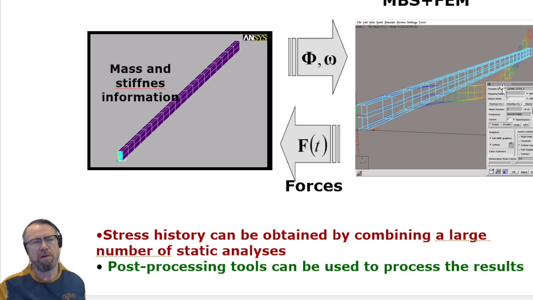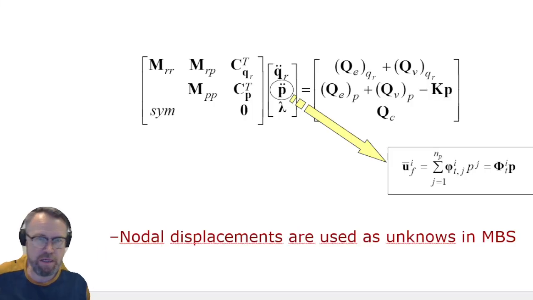You run your analysis, and once you're done, you take all the forces and put them back in a finite element model, and then you recompute the deformation. And because you can use all these nice post-processing tools in finite element software, you can get the strains and stresses. That's it. Okay, alternative. Let's look at the details of the alternative.